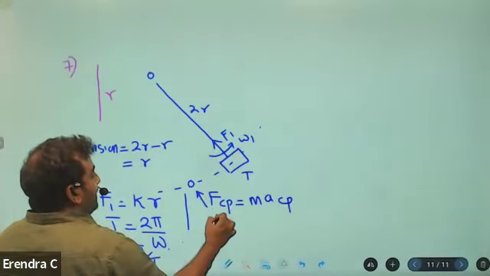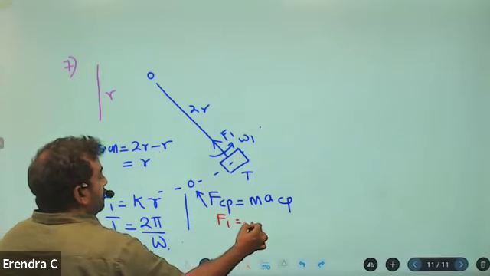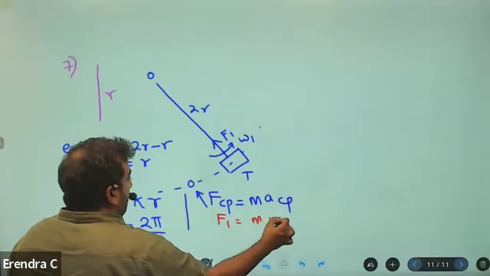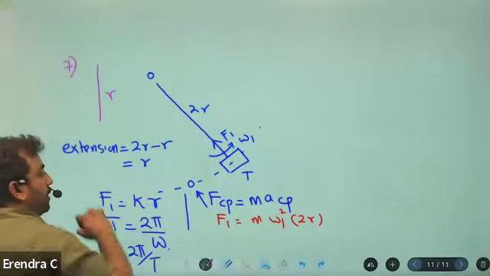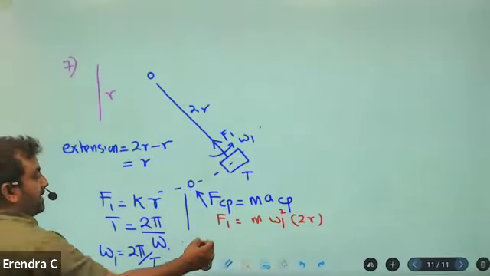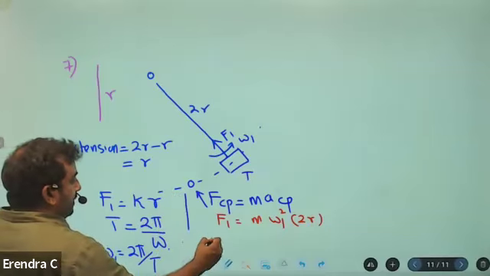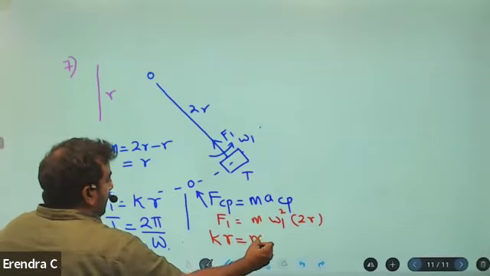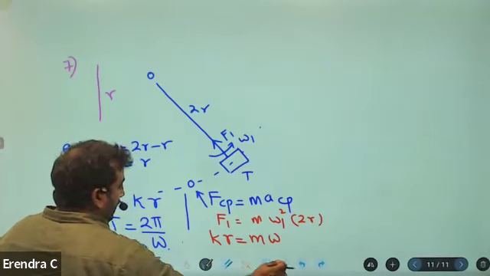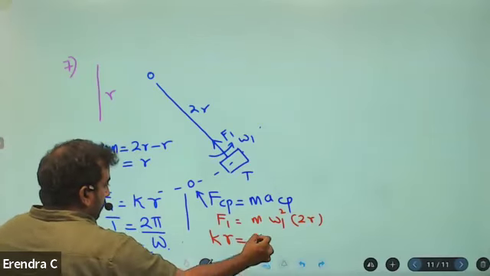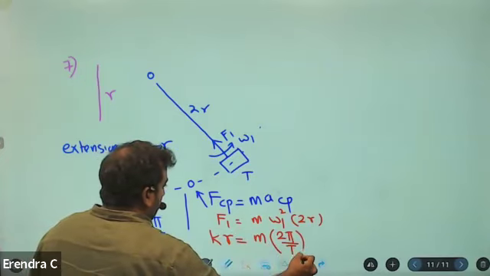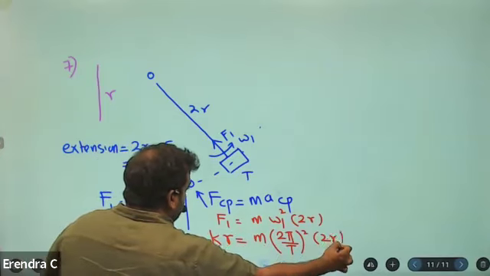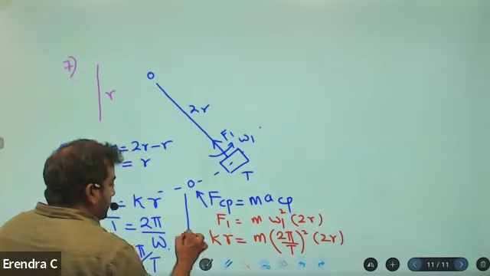Who is providing centripetal force? Elastic force. Mass into omega 1 squared times 2r. Radius is 2r. Elastic force is equal to k times r. Mass omega 1 squared, be careful. What is omega 1? Omega 1 is 2 pi divided by T, whole thing squared, radius 2r. I'll name this equation number 1.